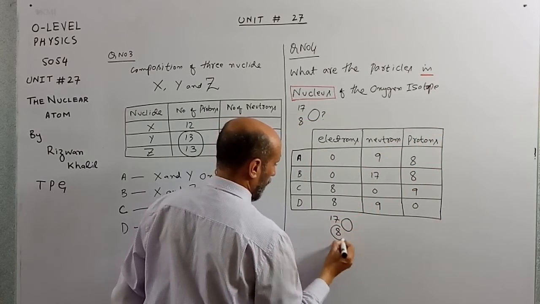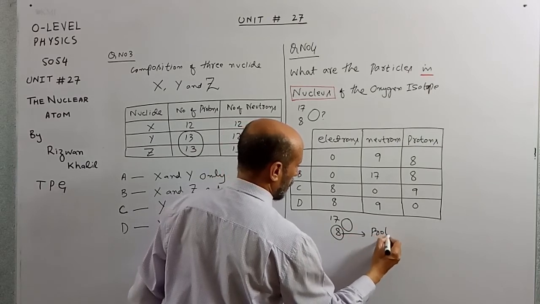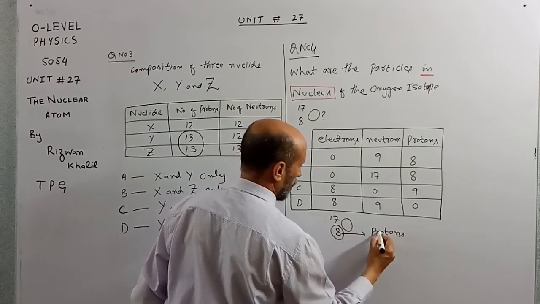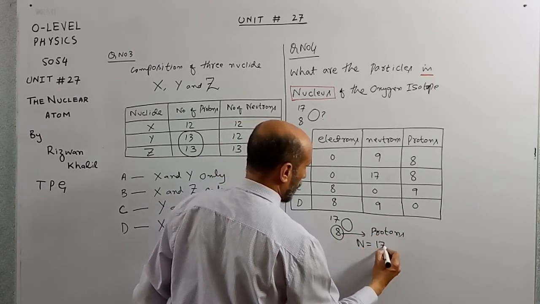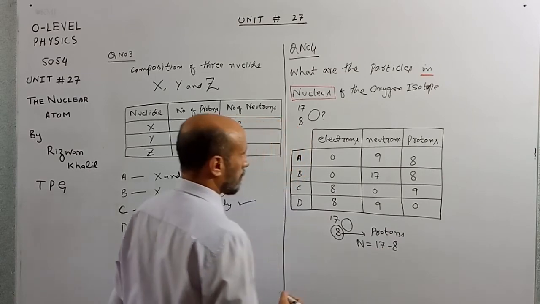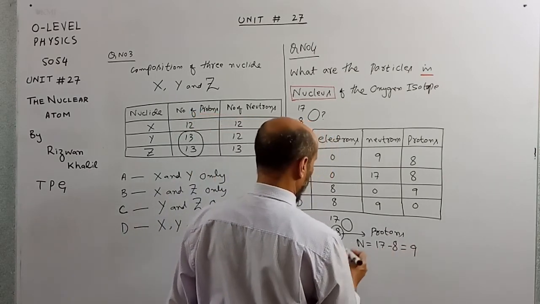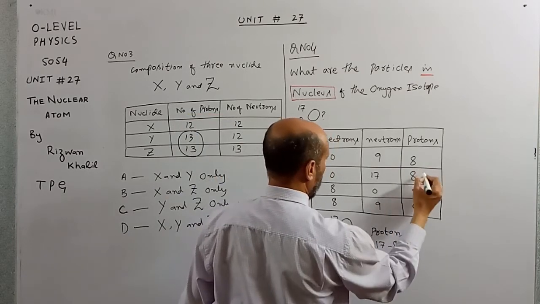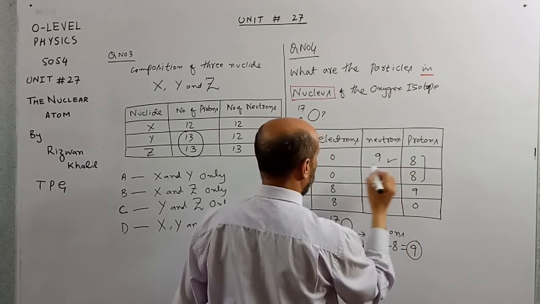So from this 8O17, 8 represents number of protons and number of neutrons, how we can calculate? 17 minus 8 is equals to 9. So number of protons are 8 but number of neutrons are 9.